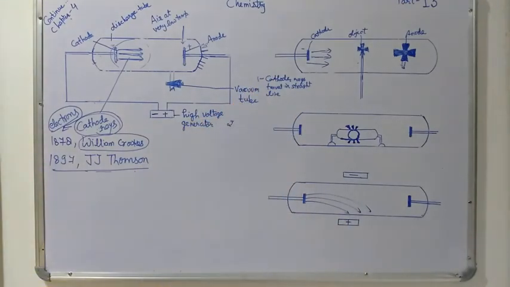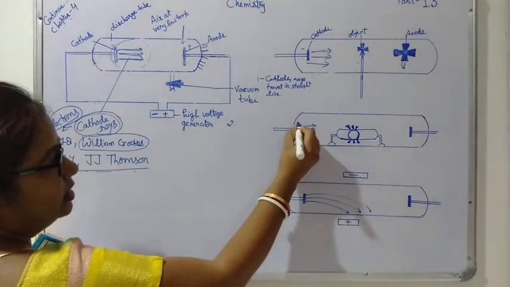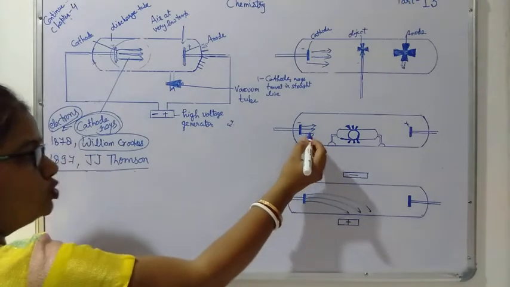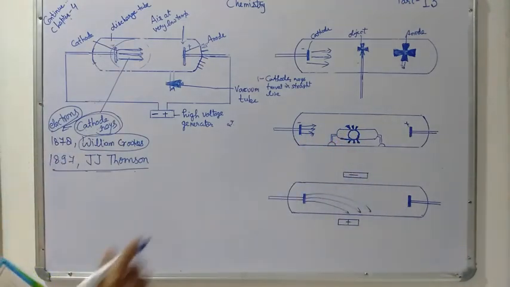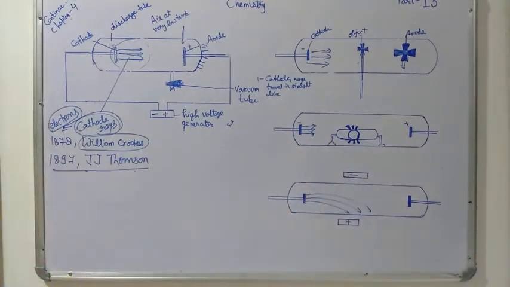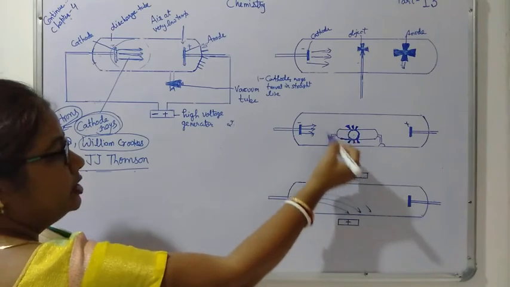In the second experiment, he kept a light paddle wheel in the path of the cathode rays. See, this one is the cathode rays; I am just adding here minus, minus means cathode, plus means anode. He observed that the paddle wheel immediately started rotating.